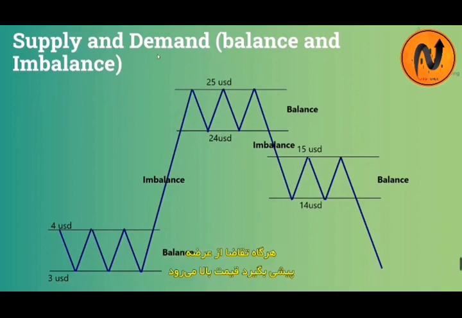When the demand is higher than supply, it will push the price higher. Of course, there are other names for it: accumulation and distribution. It does not matter. So from this movement, we are going into a more detailed type of movement. All right, let's start.